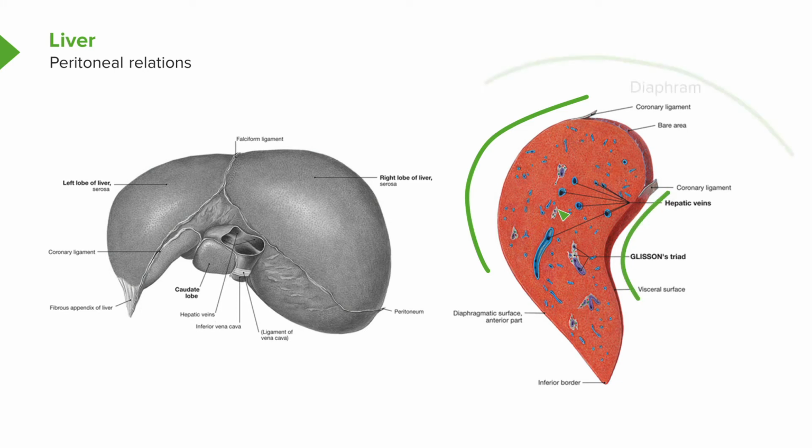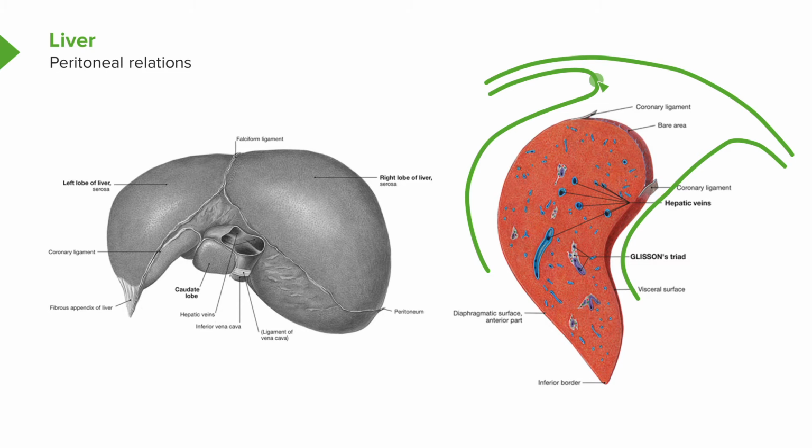Now, over here, we'd have the diaphragm. So this image here is projecting the diaphragm, and then the coronary ligament running over the surface of the liver then reflects to the diaphragm to then run along the underside of the diaphragm. And we have two of these. We have one running around here, and we have one running around here.